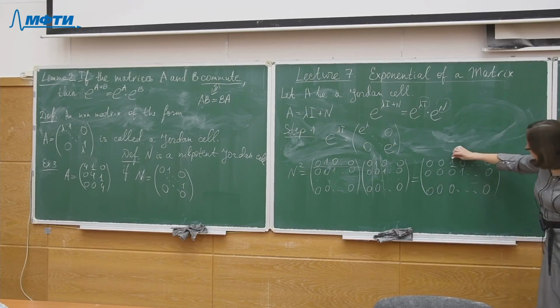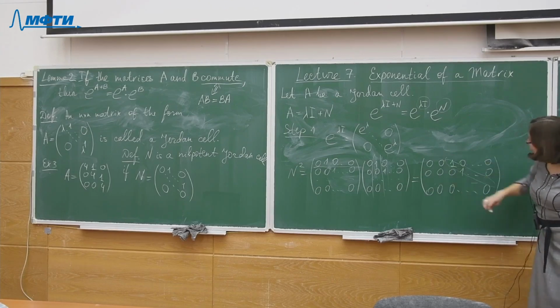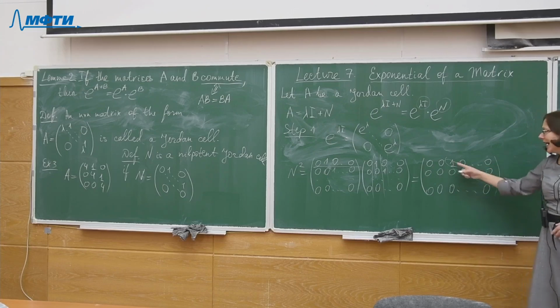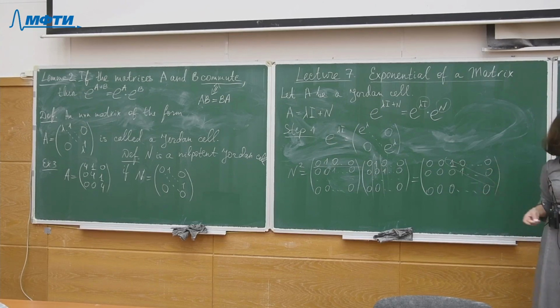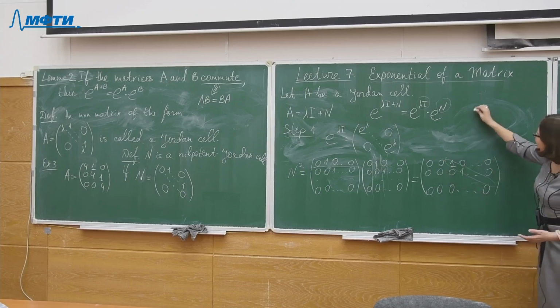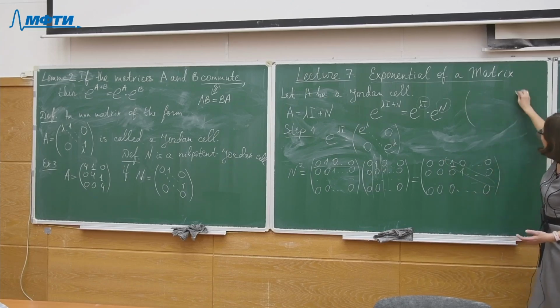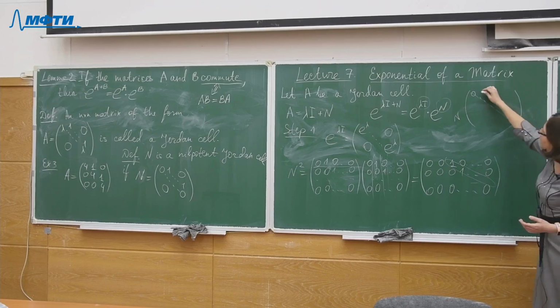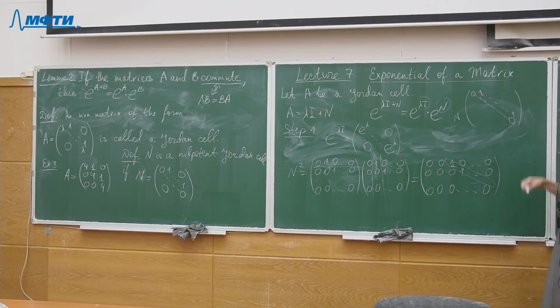So we can see that the diagonal, this is not the main diagonal, but the line of ones will move upward, right, by 1, right? So it can be illustrated by this figure. So the n has zeros on the main diagonal and ones just above the main diagonal.